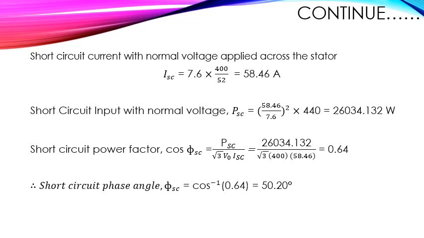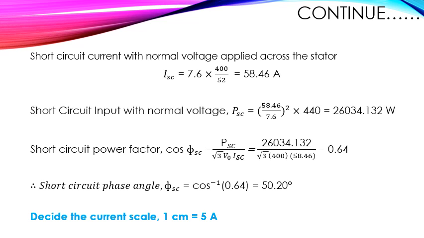Here the values are not as per the given data, so that may be due to some inaccurate values in the question. Now, the short circuit current with normal voltage applied across the stator, okay, that we have seen.